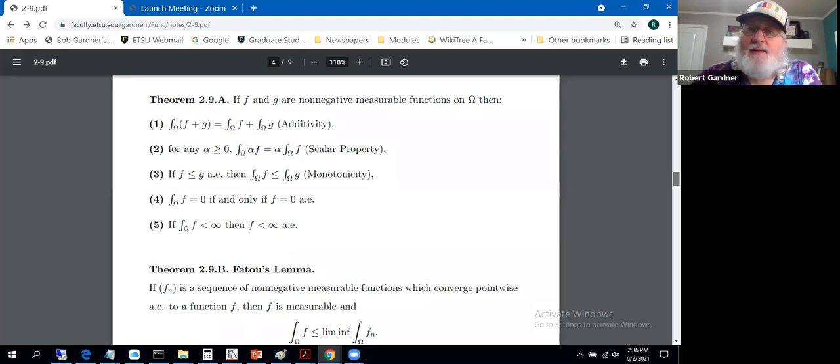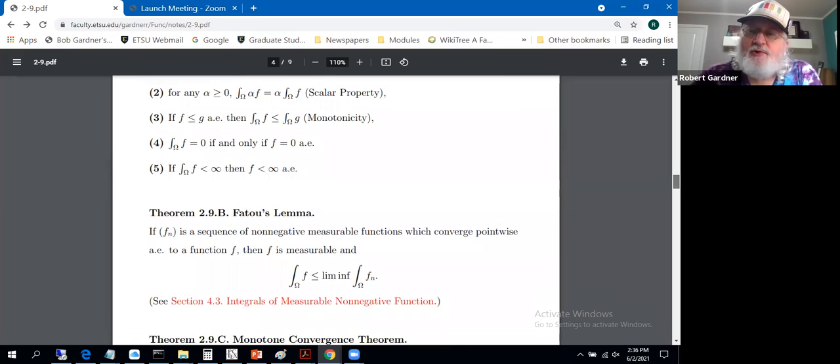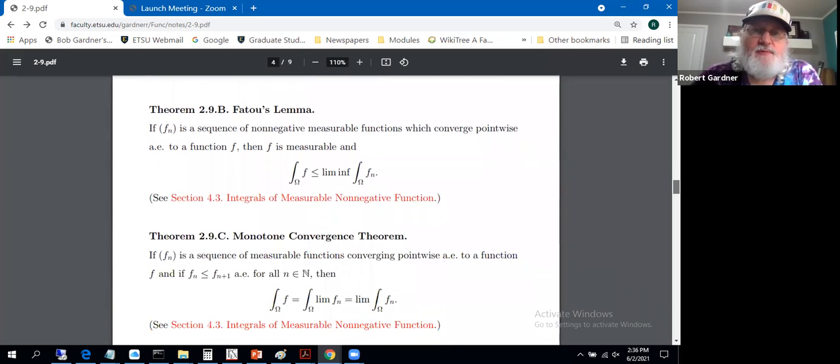We want to move a bit beyond non-negative measurable functions and look at general measurable functions. A class of result we will want is suggested by Fatou's lemma. The statement is, if f sub n is a sequence of non-negative measurable functions which converge pointwise almost everywhere to a function f, then f is measurable, first off.